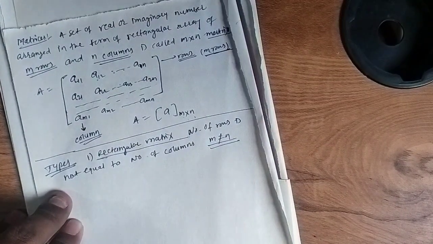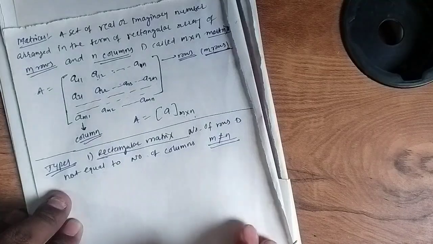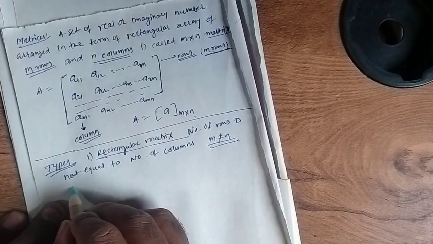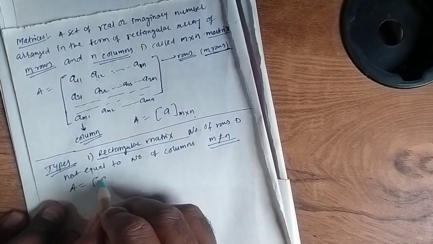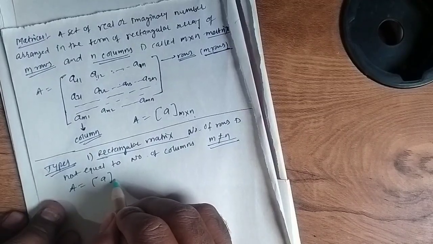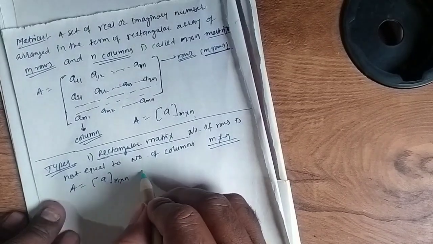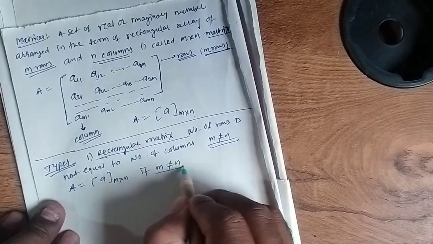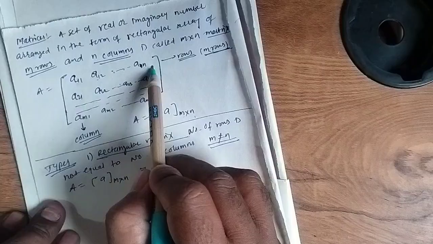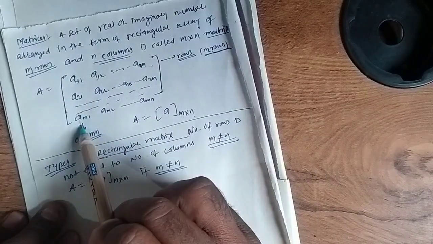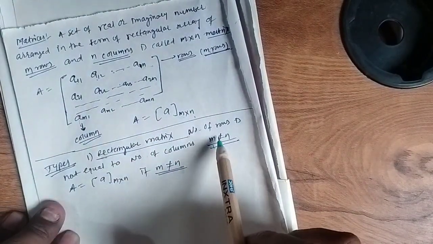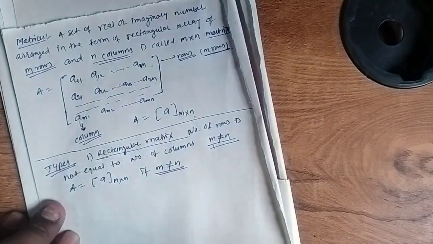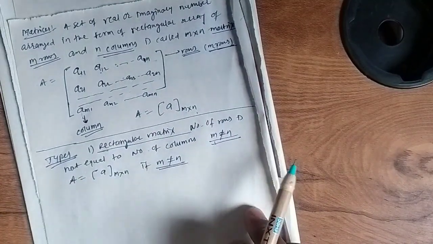This is the condition of a rectangular matrix. It is denoted by A having order m by n if m is not equal to n.